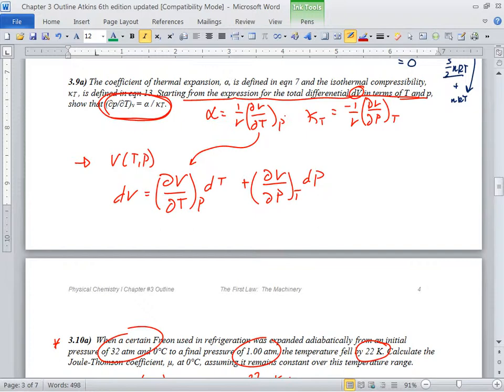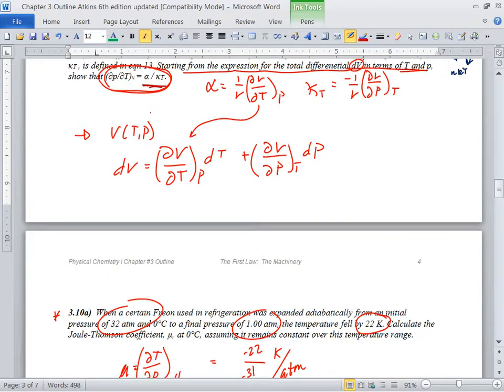Oh no, I'm trying to get alpha and kappa t in here. If I want to get an alpha in here, I have to multiply it times v, because v times alpha would be that. I'm trying to end up here.